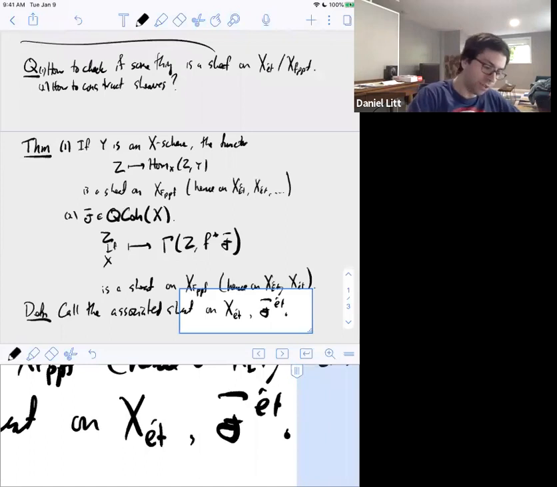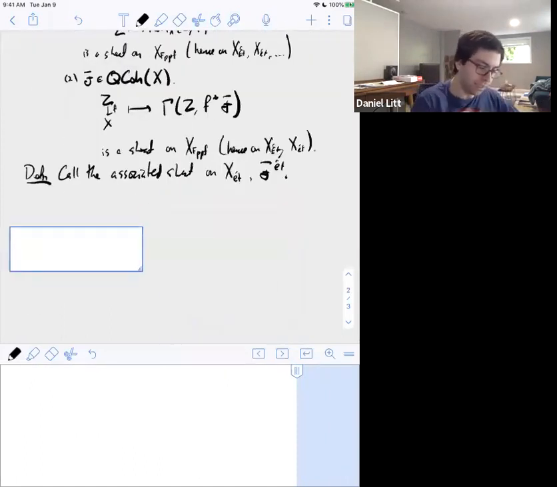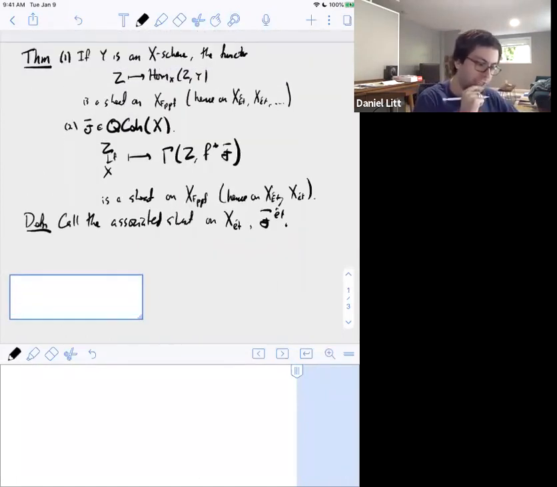Okay, so let's try to check what we would have to check to see that these kind of functors are actually sheaves. So Arvind asks, is this not true if it's not quasi-coherent?